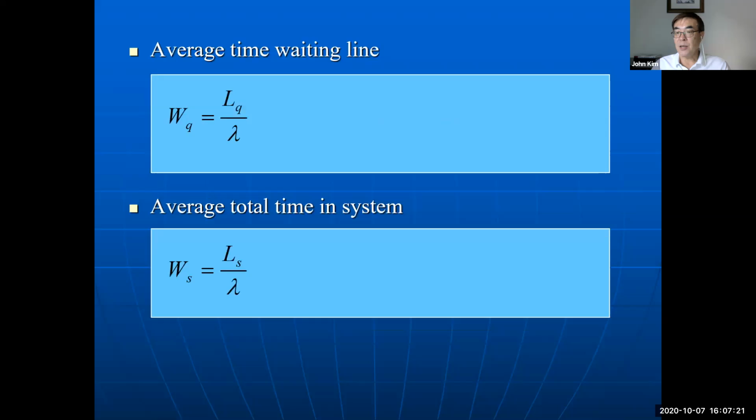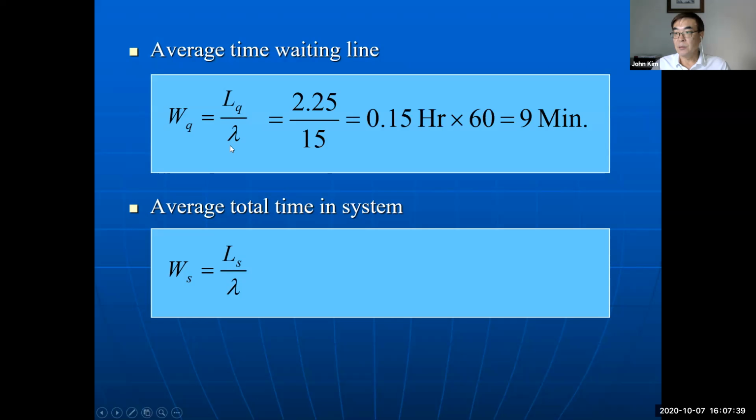And average time in the waiting line, how long we wait in line to get service: LQ, how many customers in the waiting line, divided by arrival rate, equals 2.25 divided by 15, so 0.15 hour. Convert this hour to minutes, times 60, equals 9 minutes.